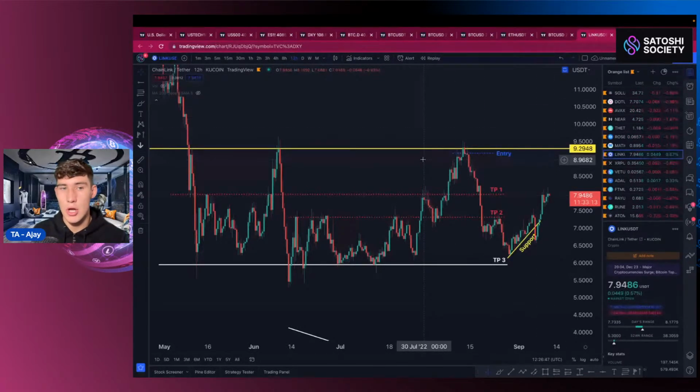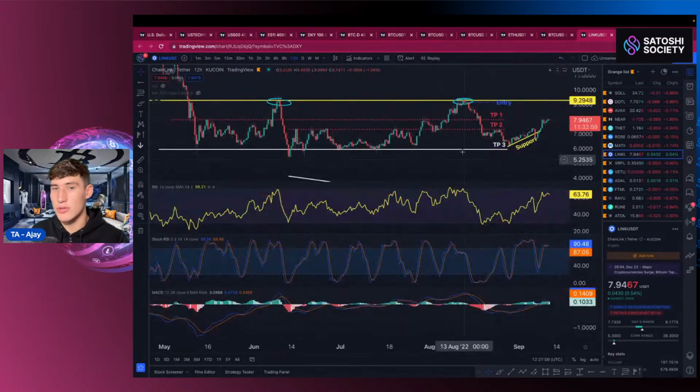So what we were seeing was coming into resistance at a previous high back here. We entered on the rejection of this resistance because the indicators were also signaling to us that they were overextended. So as you can see here, the RSI was overextended and the stochastic RSI was in that overextended region, and the stochastic RSI started to flip bearish, as you can see there.